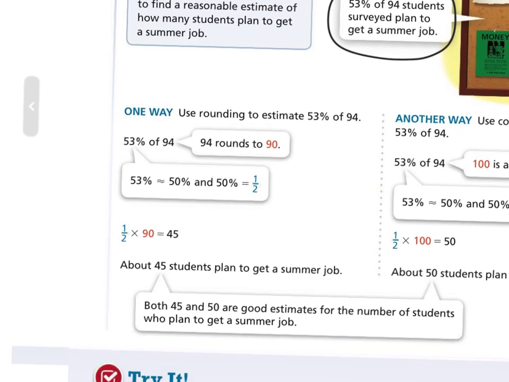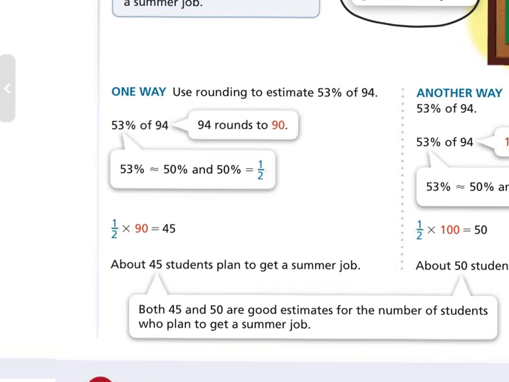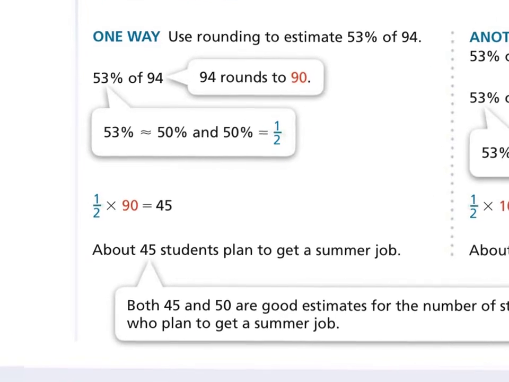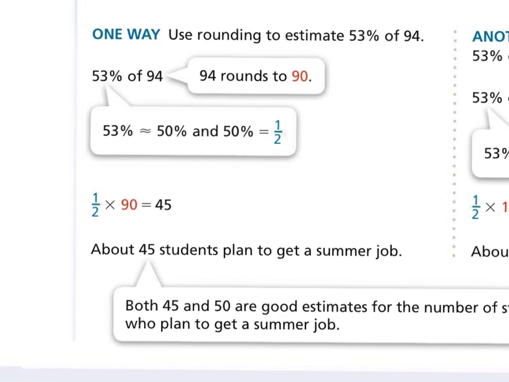First of all, I would say 53% is pretty close to 50%. Besides rounding the percent, we're also allowed to round the number if we want. So 94 is not as nice of a number. They rounded that to 90. So they're saying let's take 50% of 90. 50% is like half. So half of 90 would be 45.